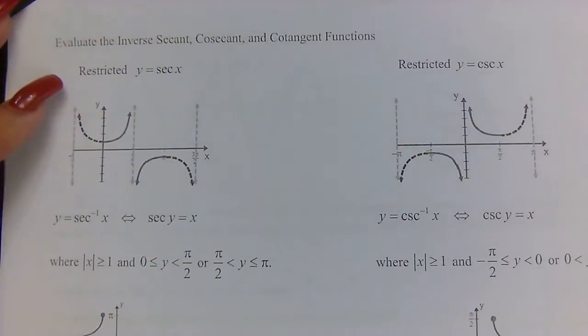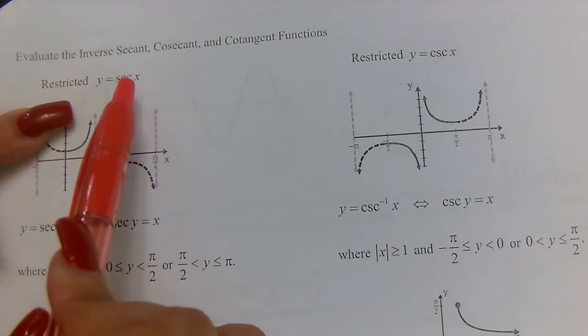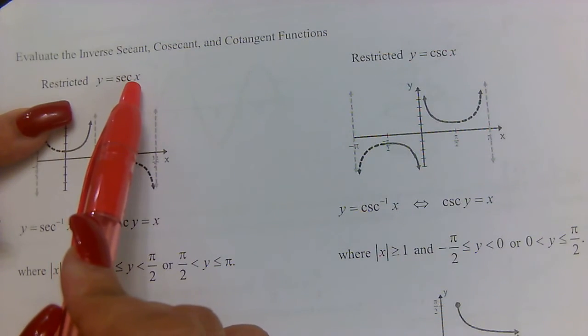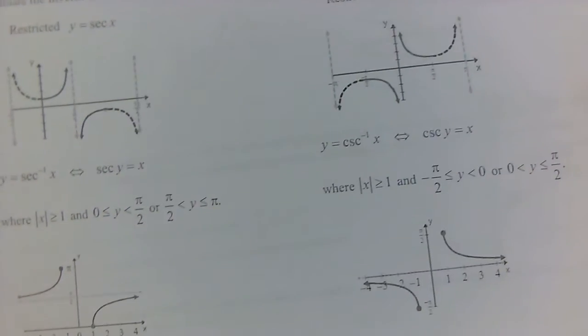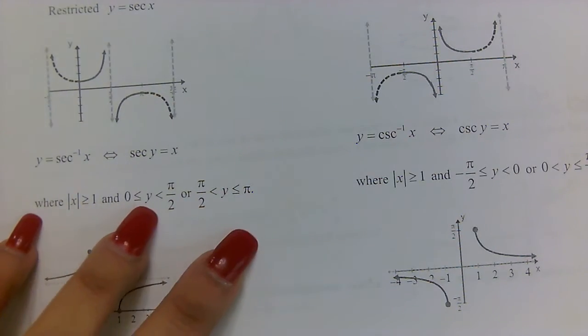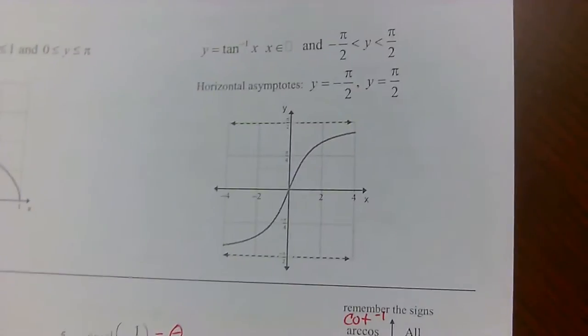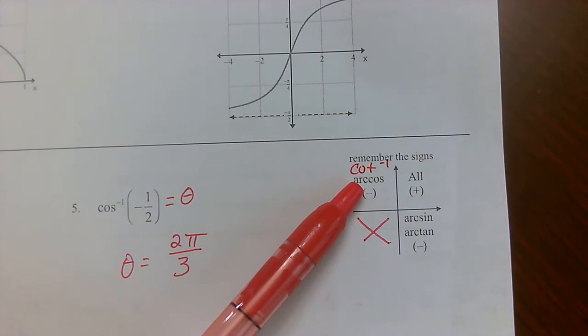Okay, in this next section here, we're going to be talking about secant and cosecant. Remember, secant is the reciprocal of cosine, okay? And we're using, in this case, quadrant 1, and we're using quadrant 2, okay? So reciprocal of cosine. If I go back to that little chart over here, here is cosine.